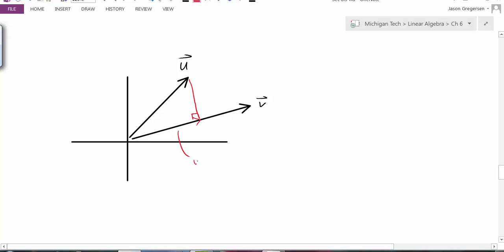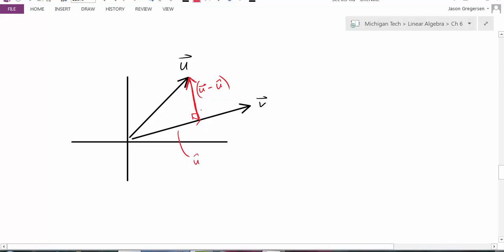That'd be my projection vector. From there I could take u minus my projection vector to get this vector, and that vector would be perpendicular to v. So this vector and v would form an orthogonal basis. That's the big idea behind the Gram-Schmidt process.